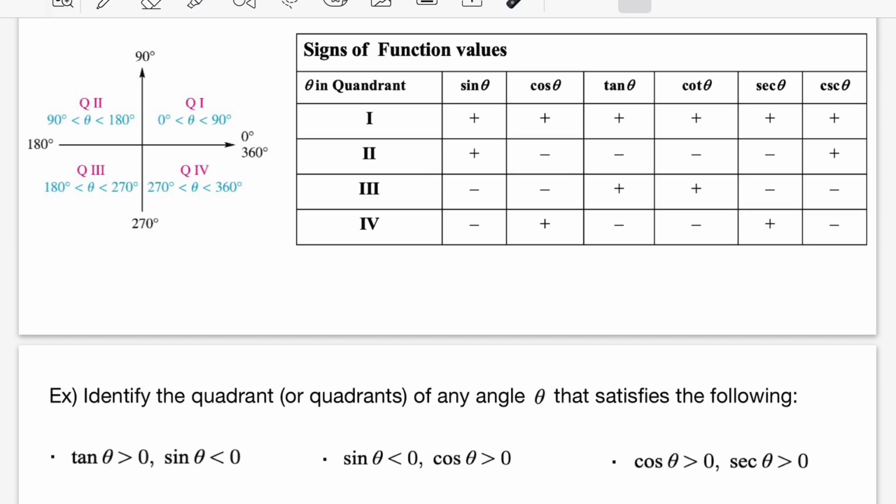Well, if tangent is going to be positive, looking at this chart here, that's either going to be quadrant 1 or quadrant 3. This is because for tangent, we have y over x, so either they both need to be positive or they both need to be negative. In this case though, sine needs to be less than 0, so sine is going to be negative. We know that in quadrant 1, sine is always going to be positive, so this leaves only quadrant 3.